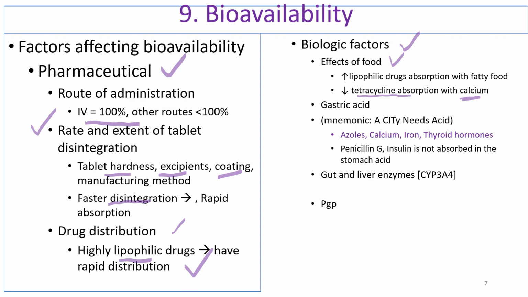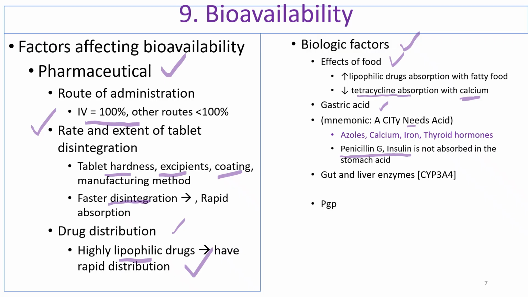Then gastric acid: some peptides like insulin you cannot give orally, because it is degraded by gastric acid. Some acid labile substances are degraded by gastric acid, like penicillin and insulin, not absorbed in the stomach, so you have to give the parenteral route. There is a mnemonic called A CITE, or rather ACIT: needs acid.